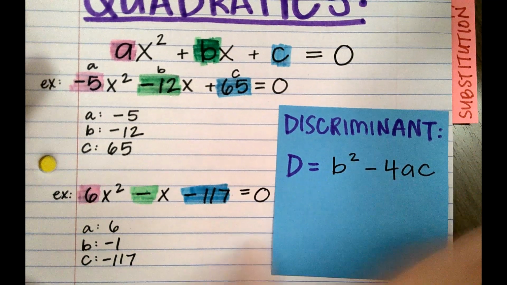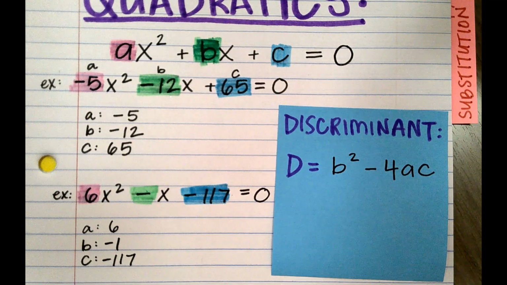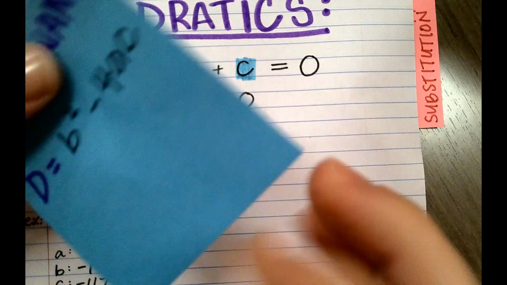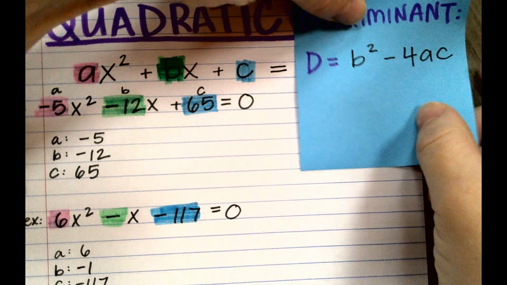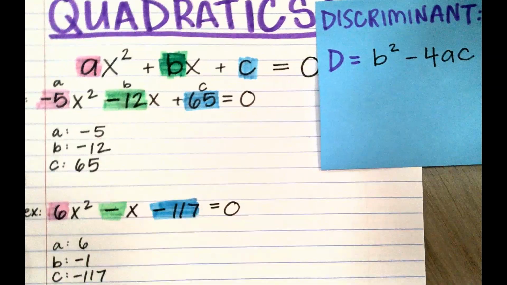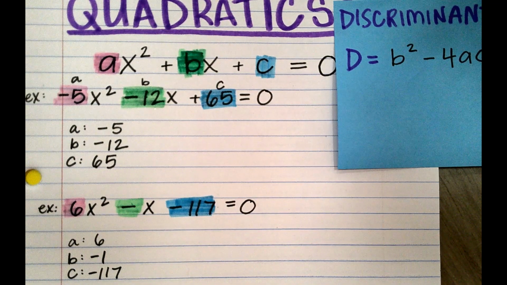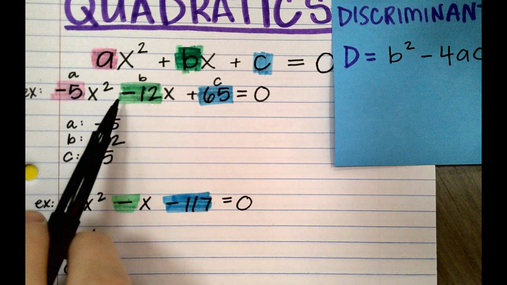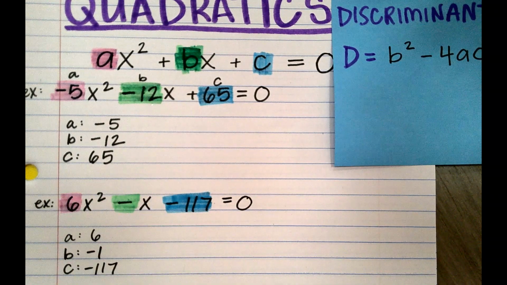So we have our discriminant formula. Let's use this. I'm going to put this over to the side, and I'm going to look back at my equation in number 1. I have, again, negative 5x squared minus 12x plus 65.